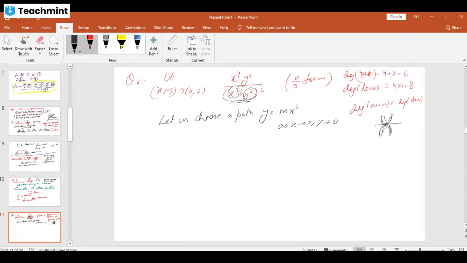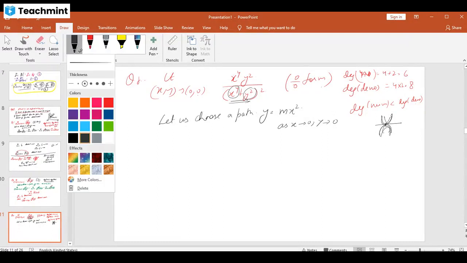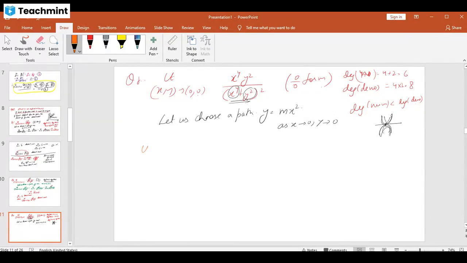So if I choose in this way, then what do we get? We get the limit as (x, y) approaches (0, 0) of x power 4 y square upon (x power 4 plus y square) whole square. This can be written as limit x approaches 0, because when I replace y equal to m x square, y vanishes and we're left with x only.